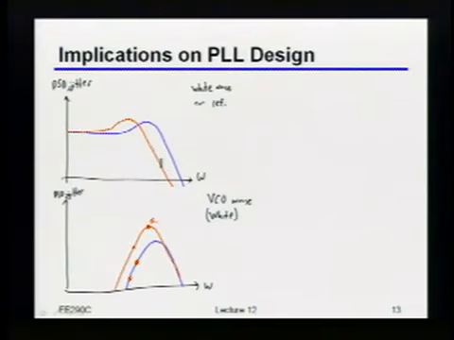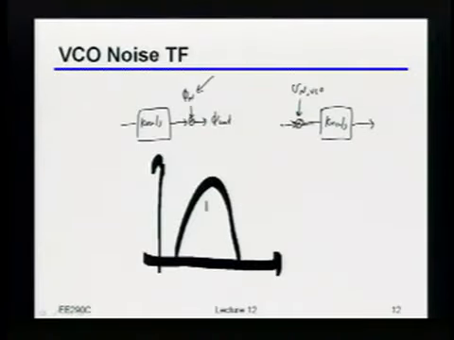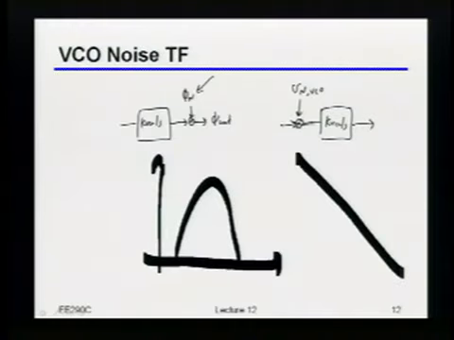On the right side, why do the two curves overlap? Oh, okay. The reason the two curves overlap here is because, remember, the way we got this bandpass in the first place was that the VCO itself is integrating, right? So simply by me changing all of the stuff in front of it, I really haven't done anything to change this. I haven't changed the integration from the VCO itself.